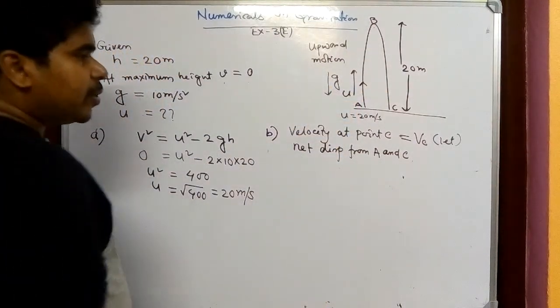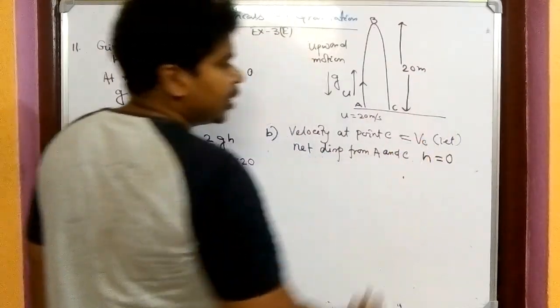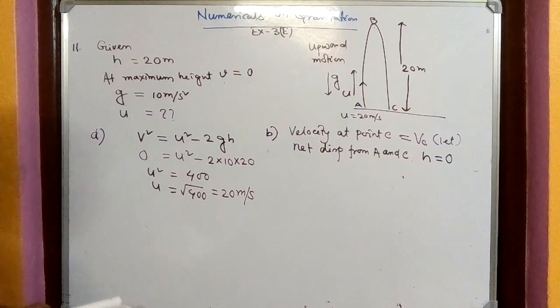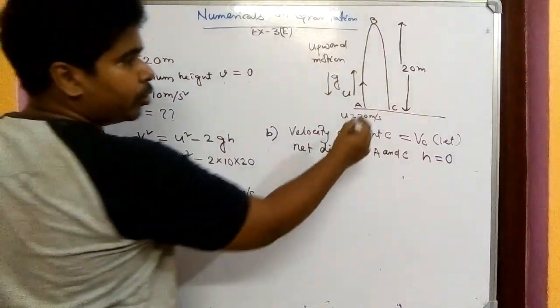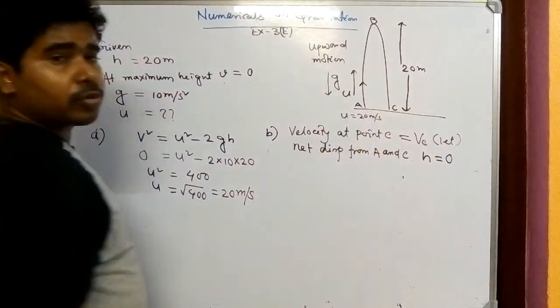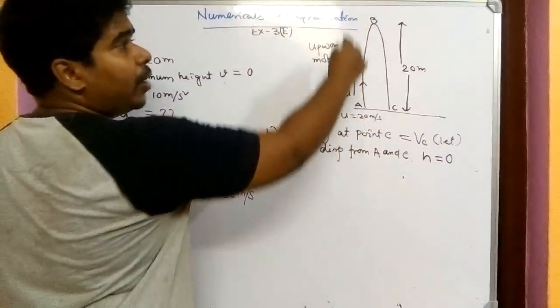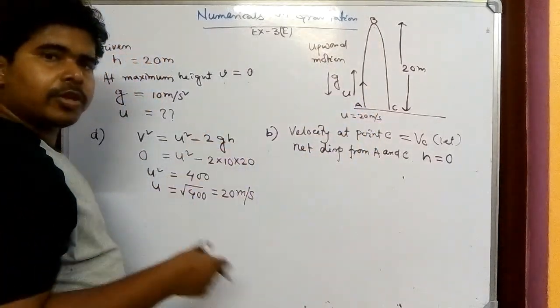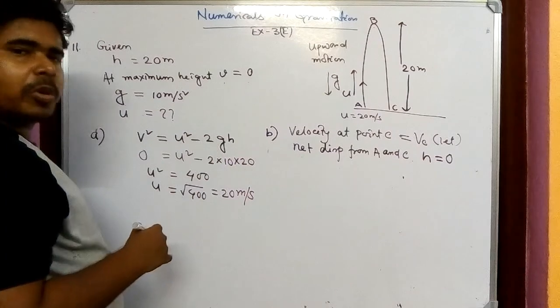So the net displacement A to C, at the same height, is equal to 0. Because displacement means displacement above the ground, not the displacement between these two points. You have thrown upward and when it comes down, it reaches the ground again. So the net displacement H should be 0 here.